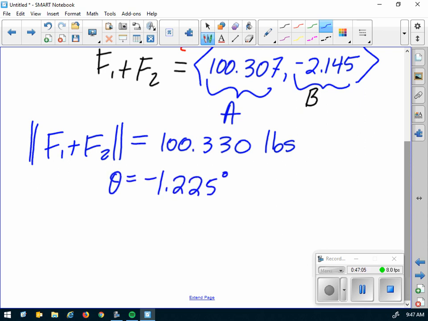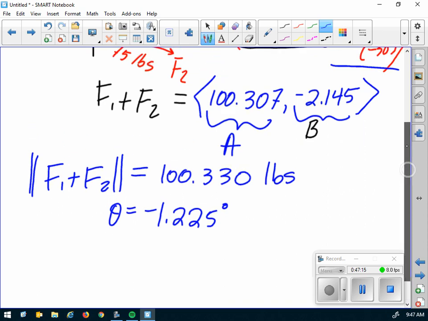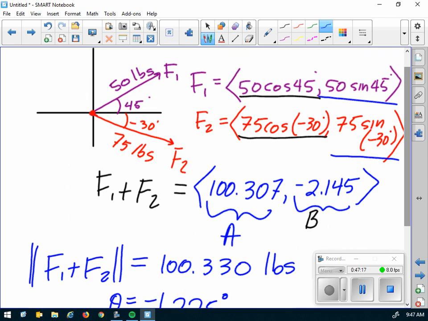Tangent inverse of B over A. Is that reasonable here? Just a teensy bit in Jael's direction.